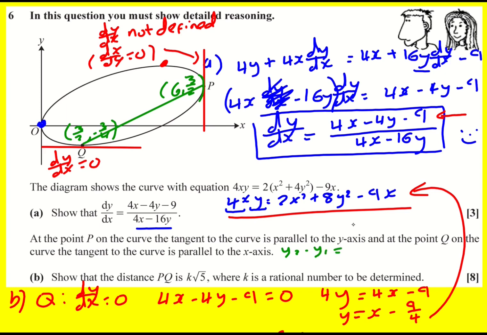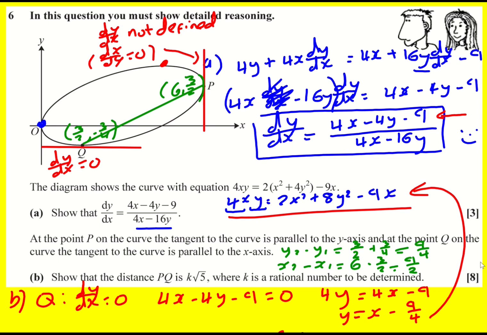That's going to be our change in y. So 3 over 2 minus 3 over 4, so plus 3 over 4, which is going to give 9 over 4. x2 minus x1 similarly is going to be 6 minus 3 over 2. It's going to be 9 over 2.